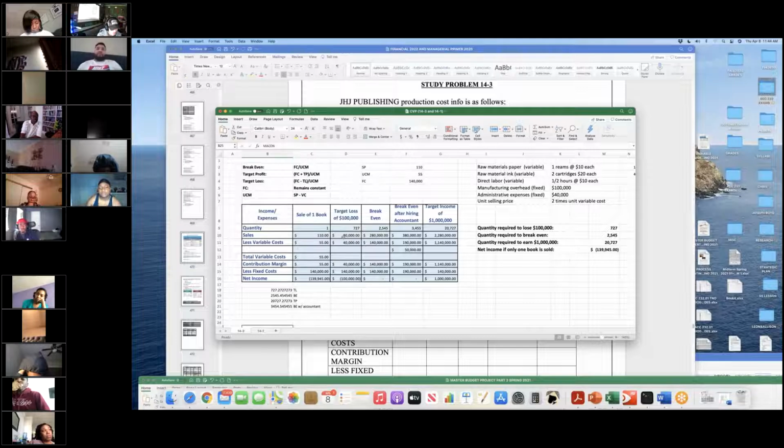Then on the target loss, she put in 727. She lost 100,000. So these numbers come out exactly even, Tyler? Like after rounding and everything, yeah. After rounding the other numbers. Then with the target income of $1 million, she had to make 20,000, and so it came to $1 million. So you just want to be close with those.